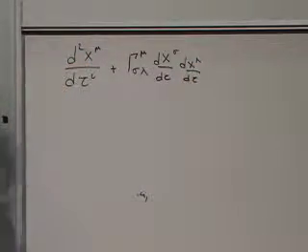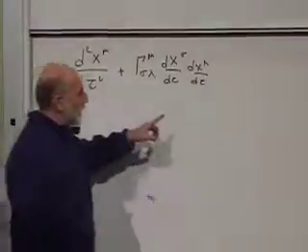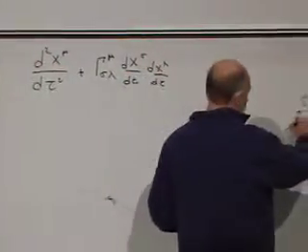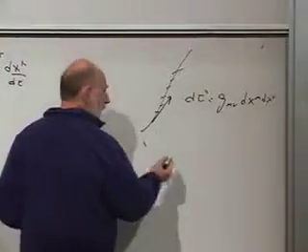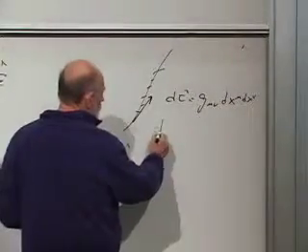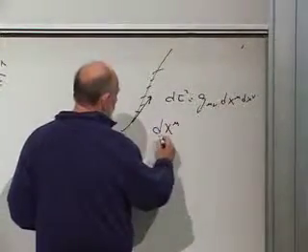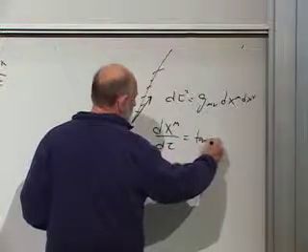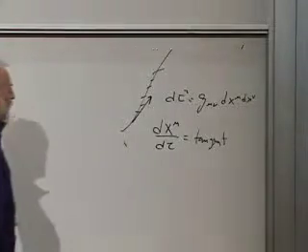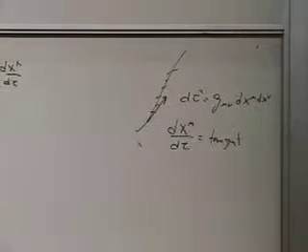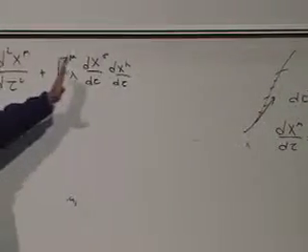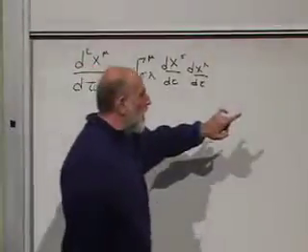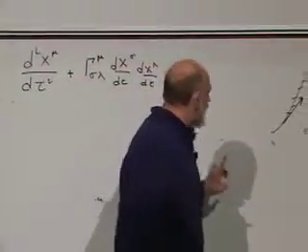This is the covariant derivative of the tangent vector. Remember what the tangent vector is. The tangent vector is the vector whose components are dx^μ by dτ. That's the tangent vector. All right. Then we take the tangent vector and covariantly differentiate it along the trajectory itself.